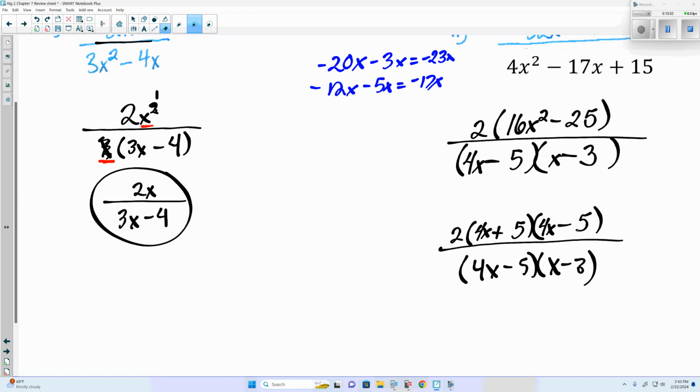Wrote the wrong factors. The one on top? Yeah. Now, if this 16x squared and we had, say, plus 25, then we would be done. But since it's minus, difference of perfect squares, it is factorable.